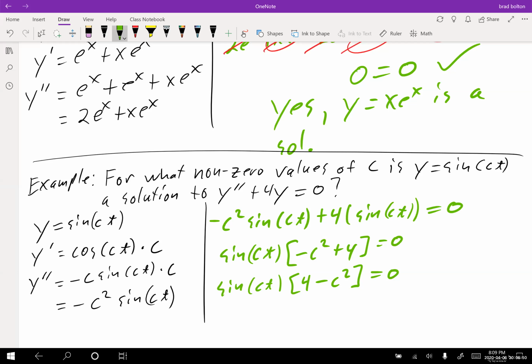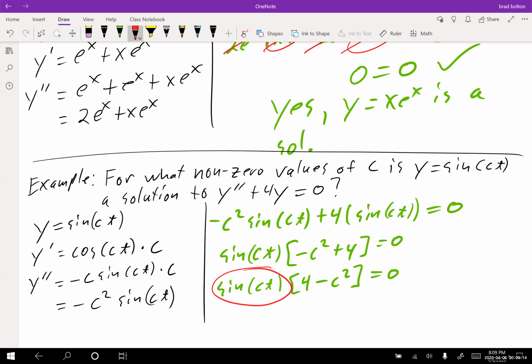Sine ct oscillates, so I can't promise you all the time that it'll be 0. It's really tough to deal with oscillating because sometimes it will, sometimes it won't. And I don't really want to mess with that. However, depending on the way it's worded, there might be another sine or cosine problem where the oscillation we could manage. But right here, it's not really something that we're going to deal with.